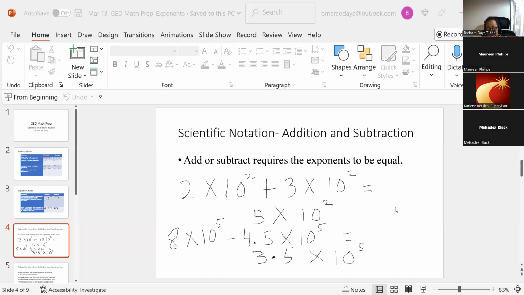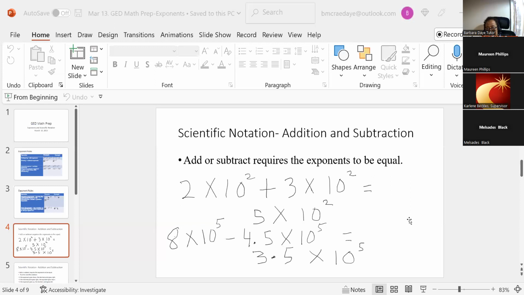And if you're subtracting, it's the opposite. This would be 8.0 minus 4.5 is 3.5, times 10 to the fifth. So when your exponents are equal, you just add or subtract the coefficients.